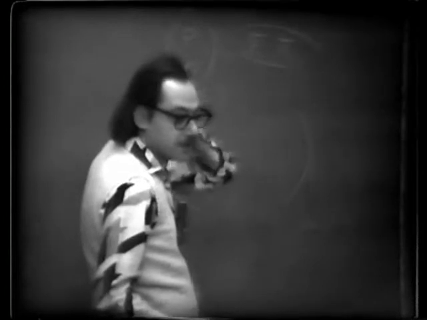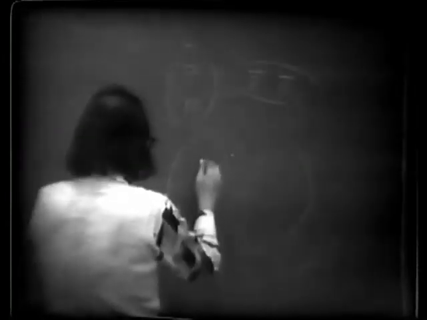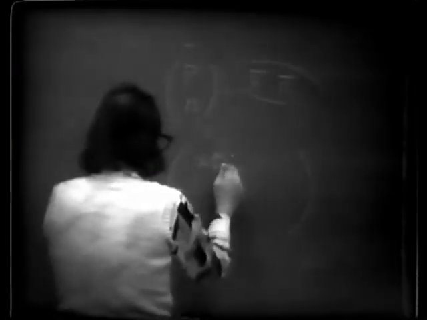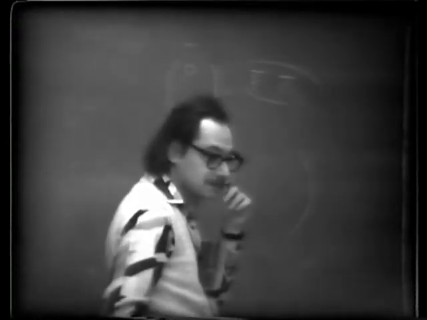Onwards. Up here, we have P P bar, which is an object that carries isospin 0, and therefore this must be some number times a neutral pion field.